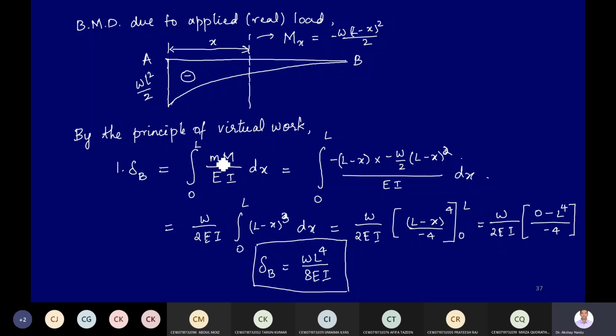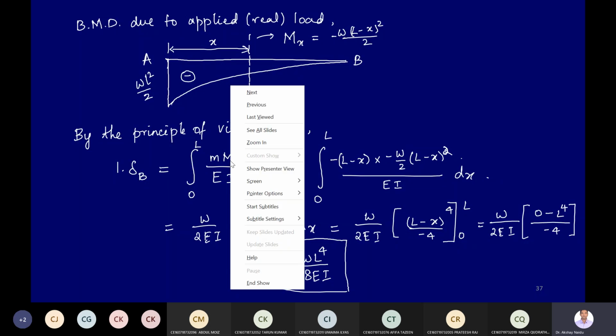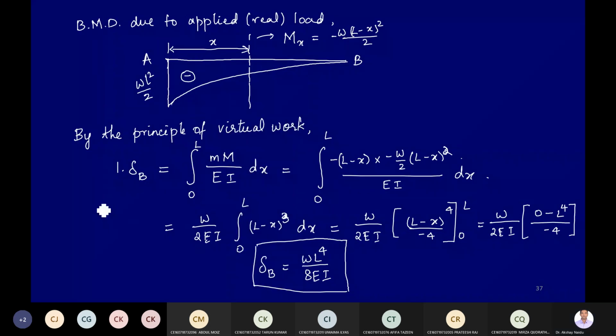What did we do? Small m is due to the virtual load or the unit load. Capital M is the moment due to the actually externally applied loads. So if you do M by EI directly, you will get this result.